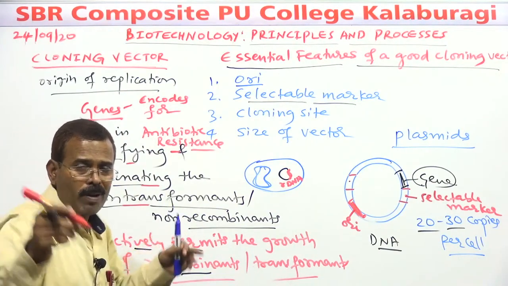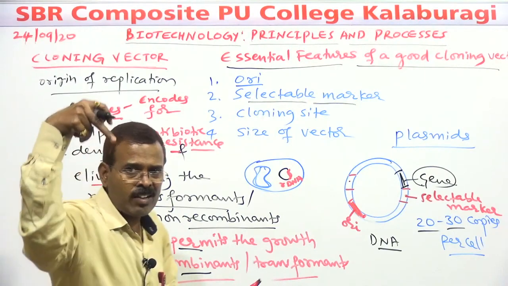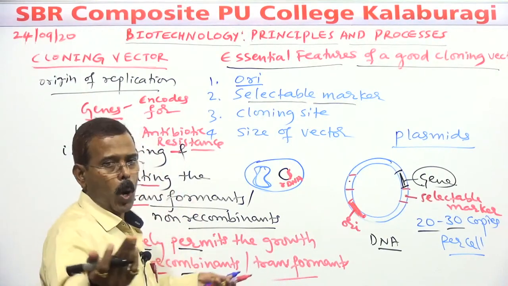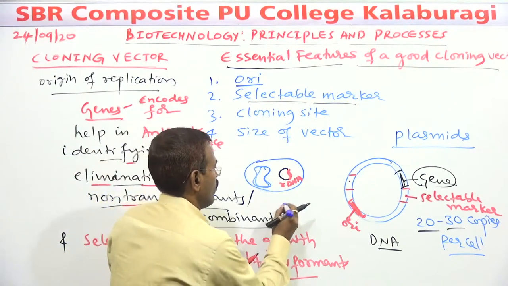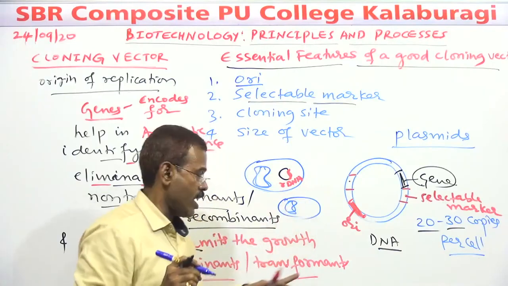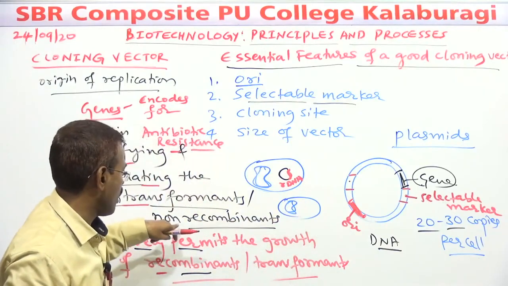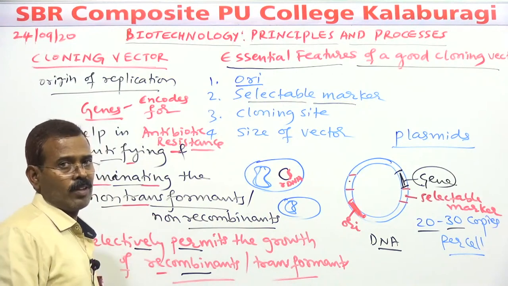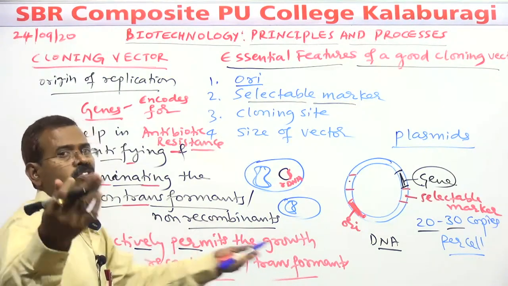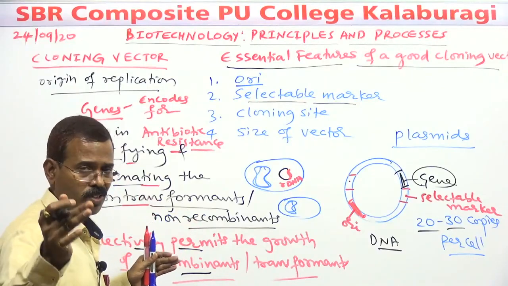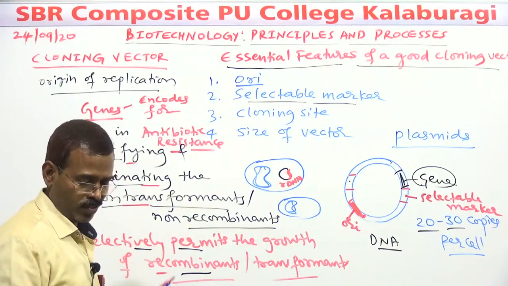If the recombinant DNA, the foreign insert, is not there, then it is non-recombinant. Suppose the bacterial cell does not have recombinant DNA, this can be regarded as a non-recombinant or non-transformant bacterium. Non-transformant host cell, whatever it is. Most commonly used host cell is the bacterial cell, E. coli cell. That's why I'm mentioning bacterial cell.